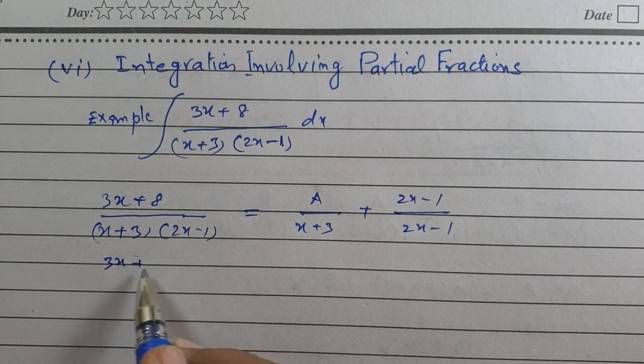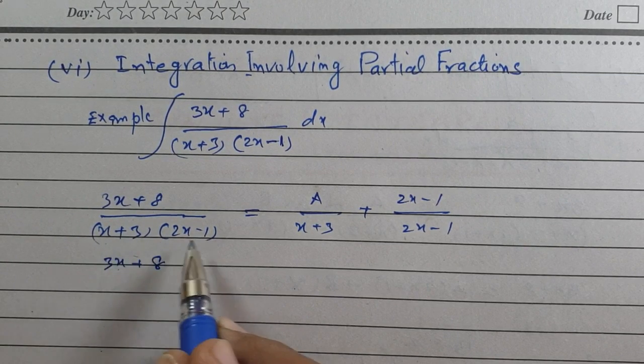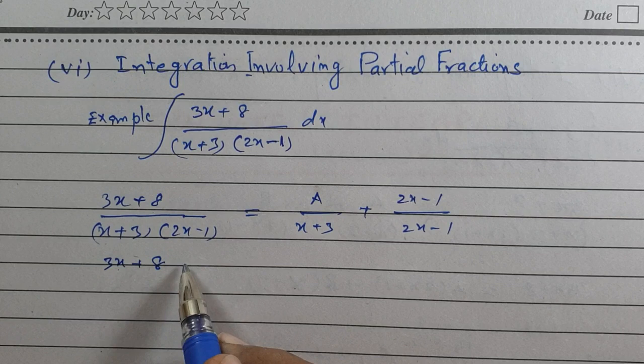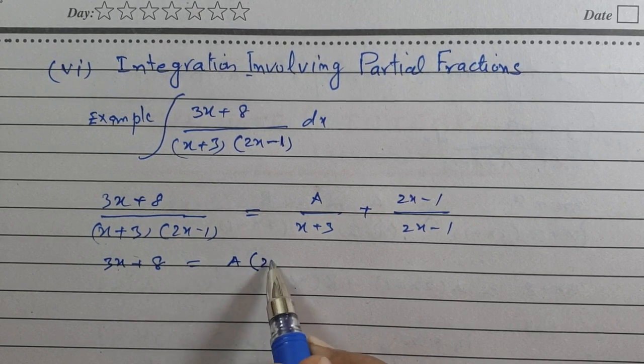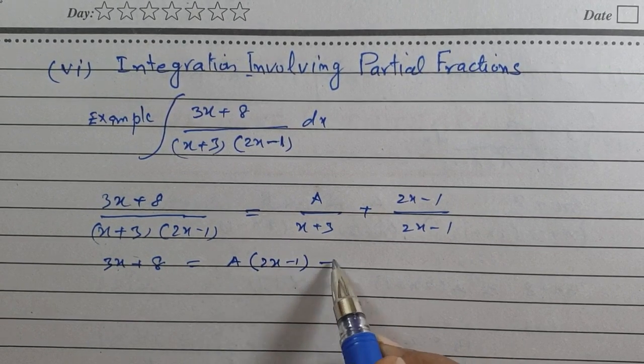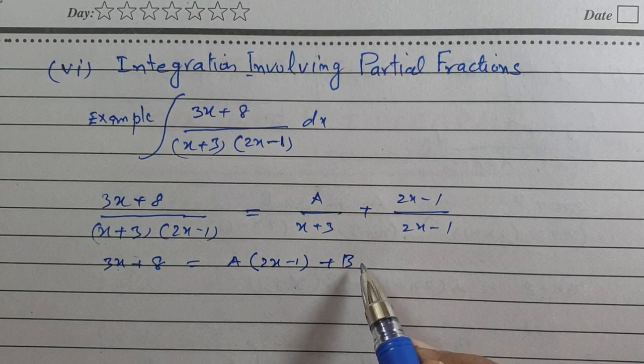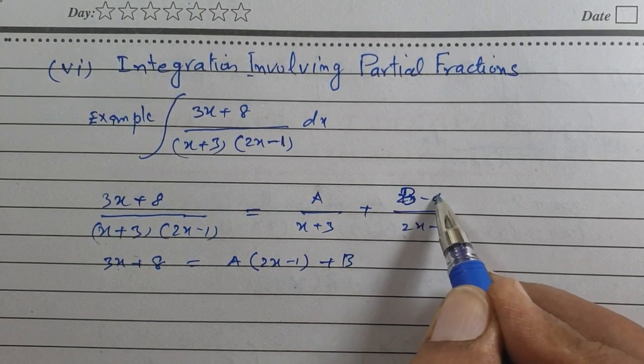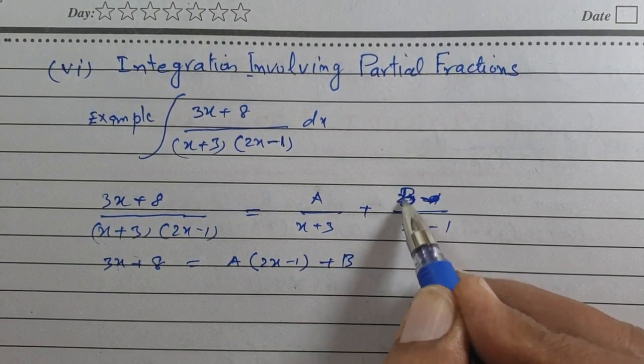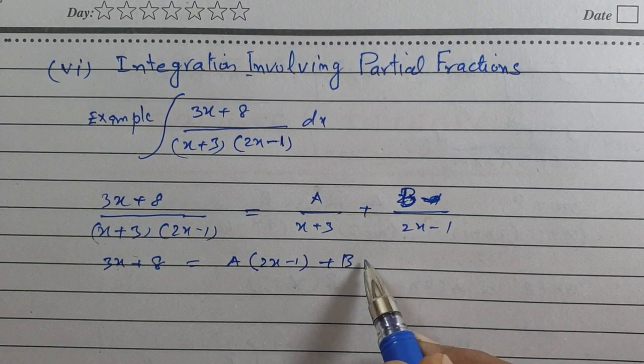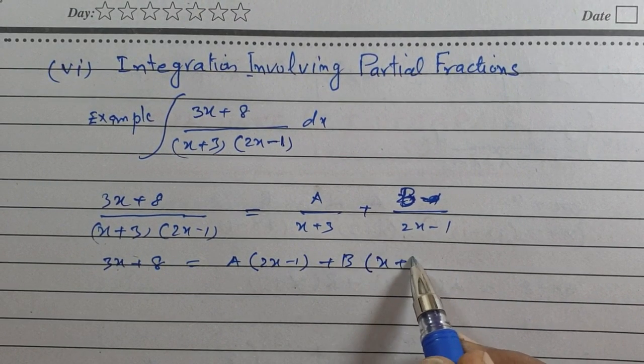Next step is multiplying both sides with this factor. We get a into (2x minus 1) plus b into (x plus 3).